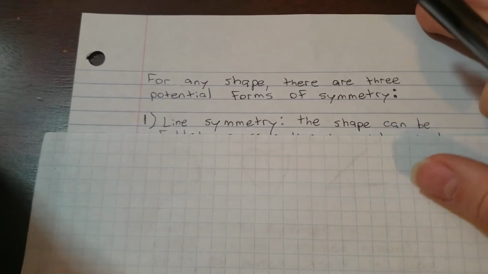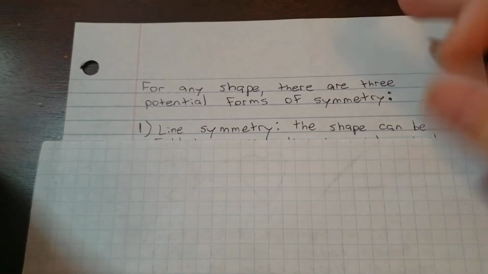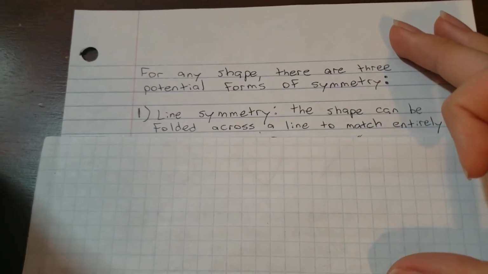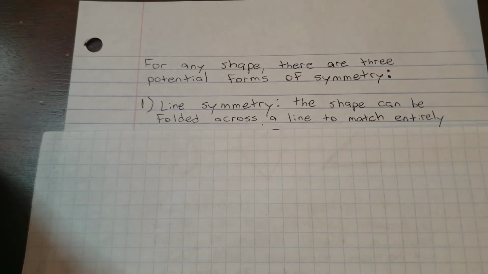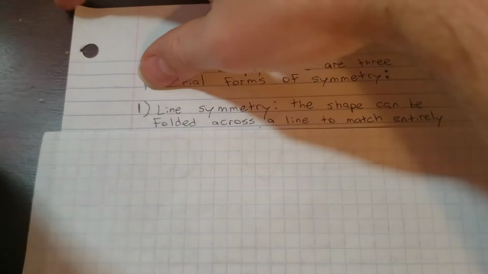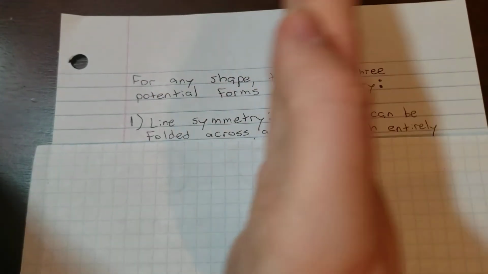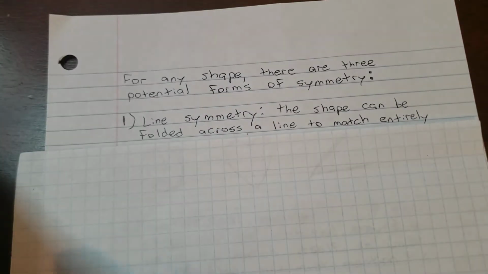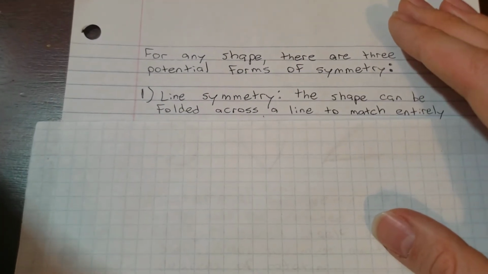So that's what we talked about with the rectangle, where the shape can be folded across the line to match entirely. So remember, if I took this paper and I folded the corner, well, that's not going to match entirely. I would need to fold it down the middle, or down the middle here, and that'll match entirely.